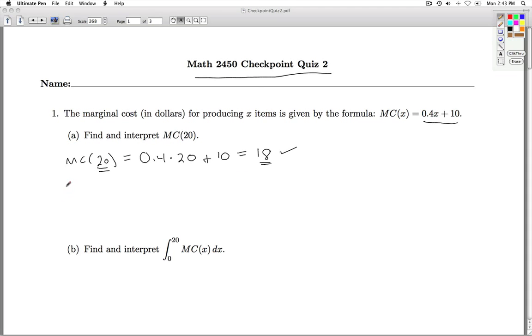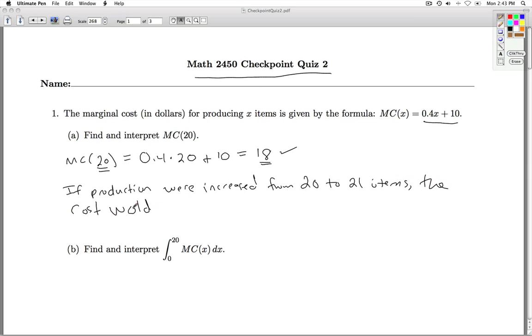So one way we could write this is if production were increased from 20 to 21 units or items, the cost would increase approximately $18. So there would be an approximate increase in cost of $18. So that's a nice little flashback to Applied Calc 1.